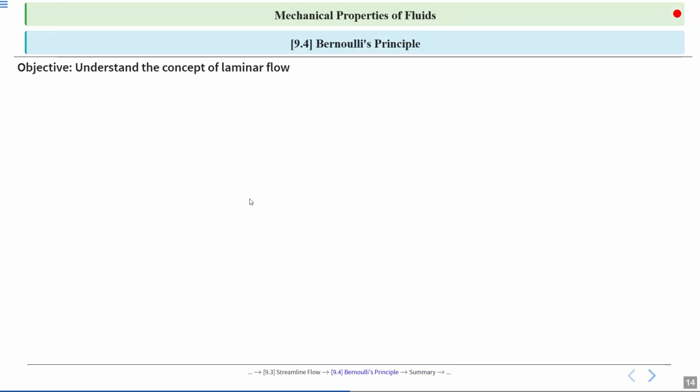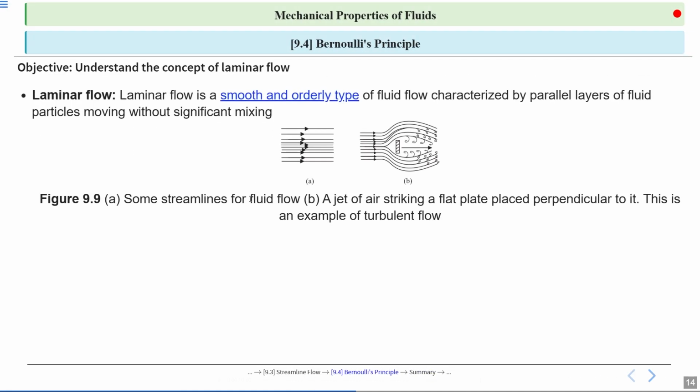Now, let's define laminar flow. Laminar flow is a smooth and orderly movement of fluid where the particles move in parallel layers without much mixing between them. All right. Look at the figure.